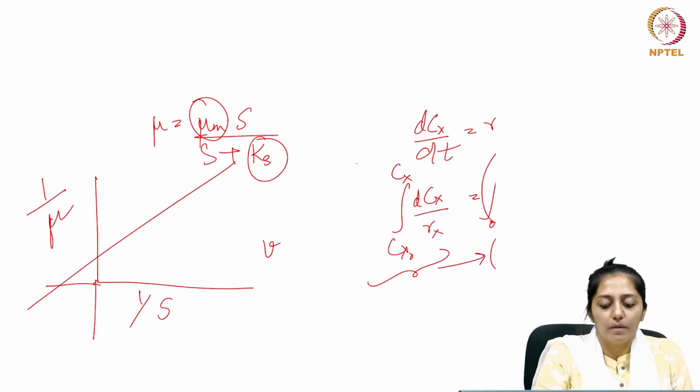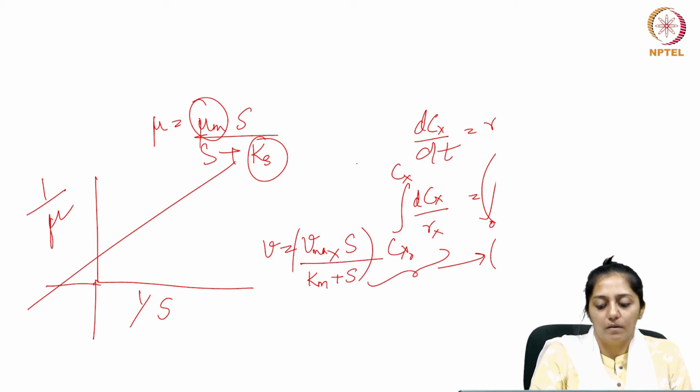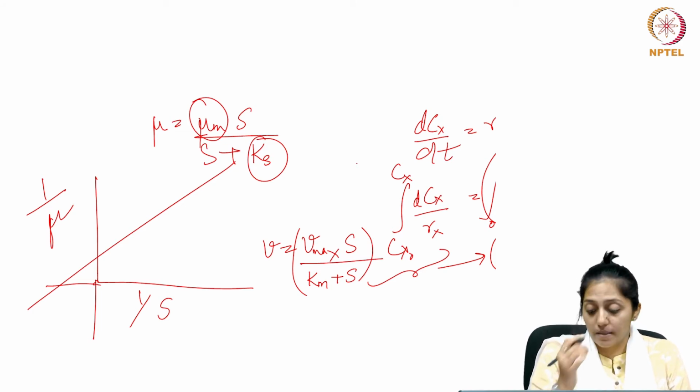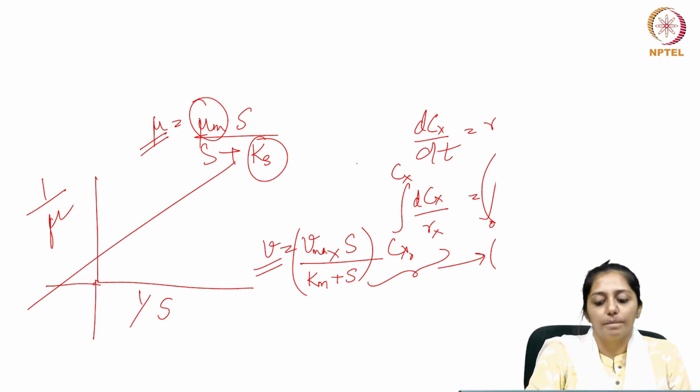Michaelis-Menten was the rate of enzymatic reaction, Vmax multiplied by S divided by Km plus S. But here it is the rate of enzymatic reaction, and there it is the specific growth rate.